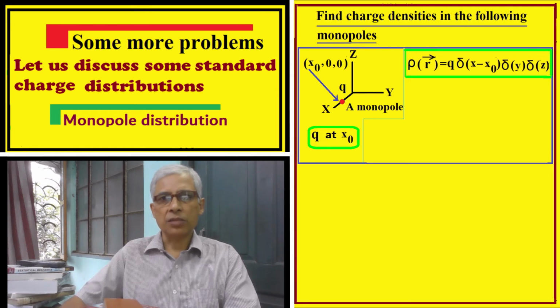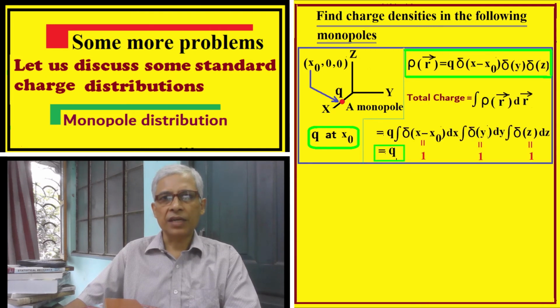That is, it would simply be Dirac delta of y. Similarly, the z part would be the Dirac delta of z, the z coordinate of Q being 0. So volume charge density rho is obtained, as you can see within the green outlined box.